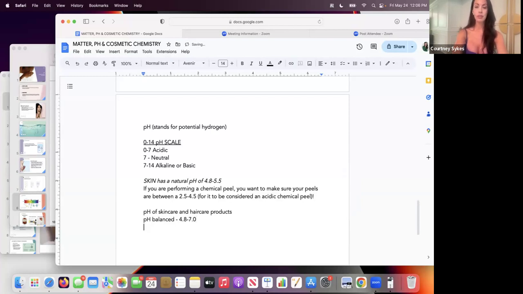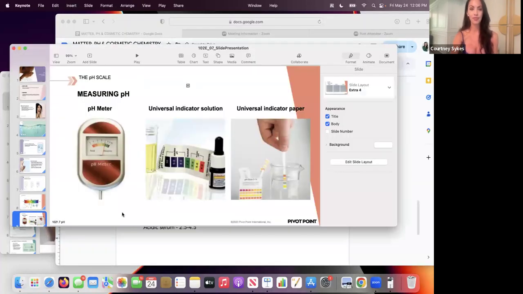Then if it's going to be more of an acidic serum for your skincare, remember I said between a 2.5 to 4.5, and that's pretty normal. So pH balance, let's be more specific. Serums, creams, conditioners, shampoos, okay? And then cleansers, things of that nature. You want them to be more pH balanced, okay?